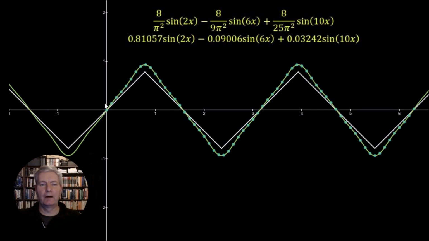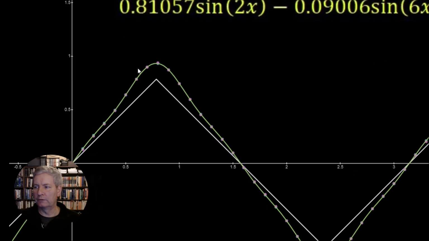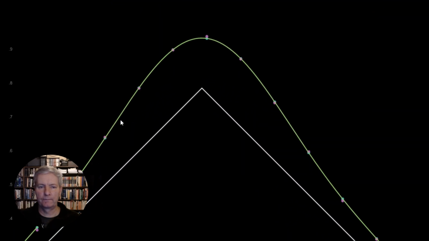Now the expected values you can see here in blue. So let's superimpose the simulated values from the CPU here in pink. And as you see, we have a very good approximation to our triangular wave. So let's zoom in and we'll have a look at some of the individual points.